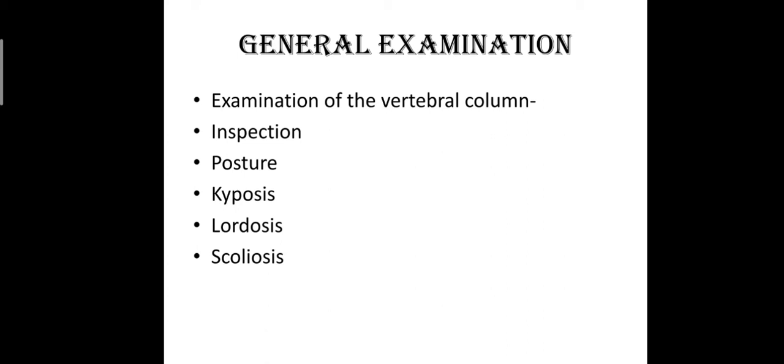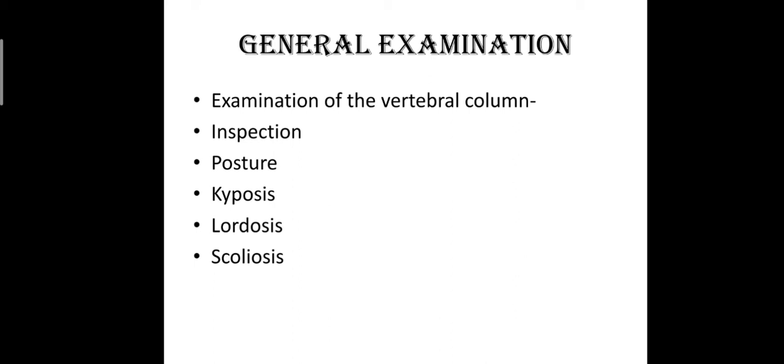Inspect the skin for café-au-lait spots or neurofibromatosis, lipoma, and tuft of hair or meningocele, etc. Posture: does the patient have a normal posture, or is the posture altered due to deformities?